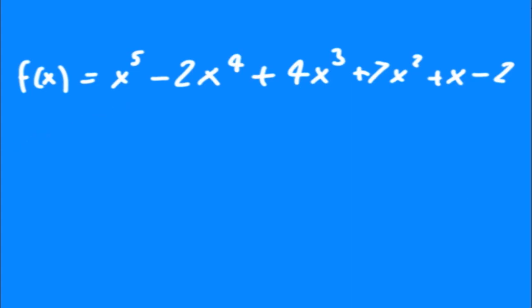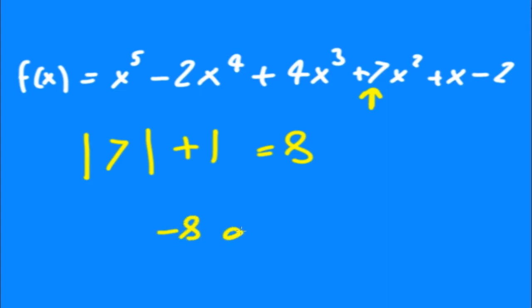The only thing that you want to do for bounds is look for the biggest coefficient on your function, which in this case is a 7, and then you take its absolute value and add a 1. So 7 plus 1 equals 8. And that means that your bound is 8 and its opposite. So bounds are -8 and 8.